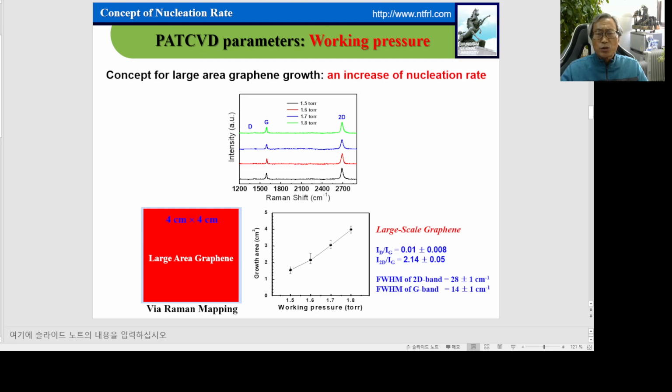By Raman mapping, we can find that large area graphene is possible at the low temperature of 100 degrees C. The obtained graphene is very high quality with no defect, and monolayer graphene is grown like that.